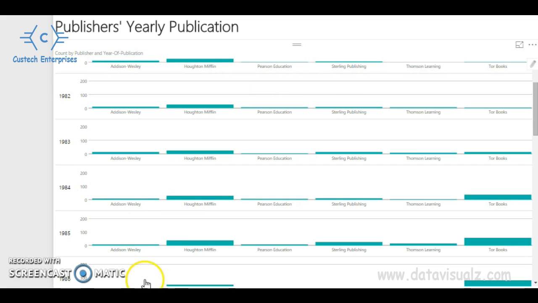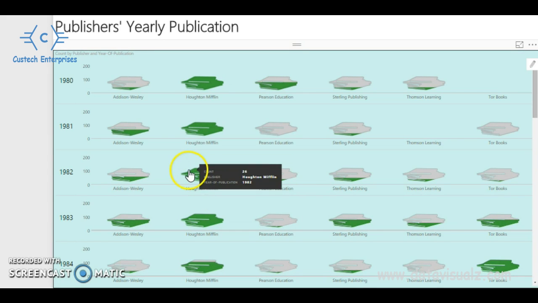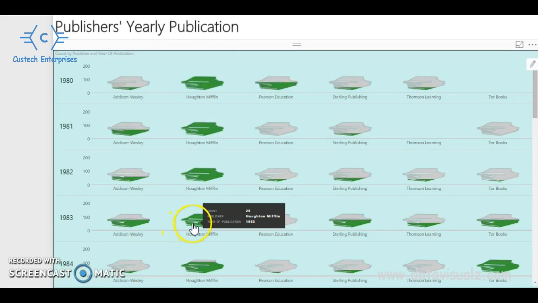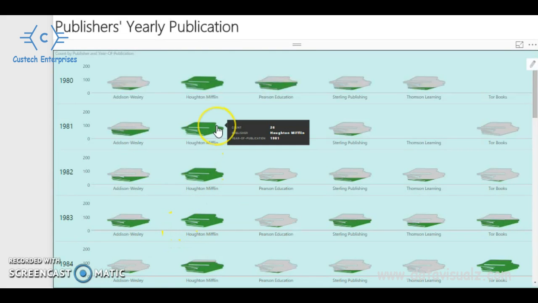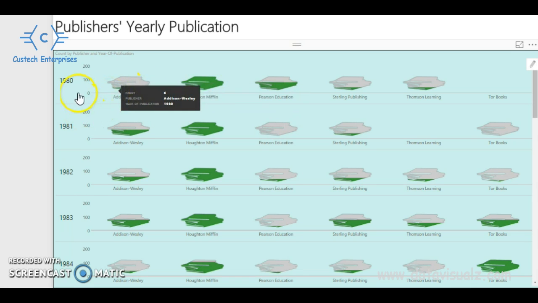In the next graph, when we go about further exploring and improving the visual, now instead of bars, the data has turned into an image. An image has been put, and for each publisher, there is an image expressing the number of publications for that publisher on a yearly basis.